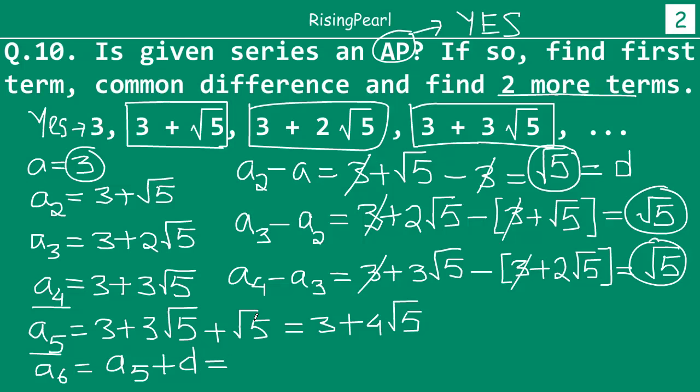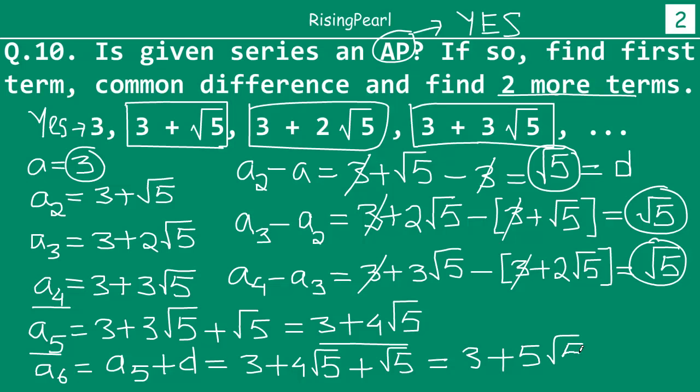Similarly, A6 will be simply A5 plus D, where D is the common difference. A5 is 3 plus 4 square root 5, and we add the common difference to it. So 4 square root 5 and 1 square root 5 is 5 square root 5.